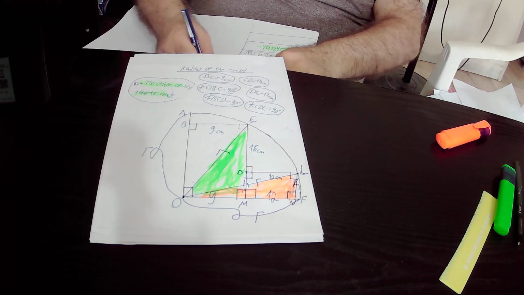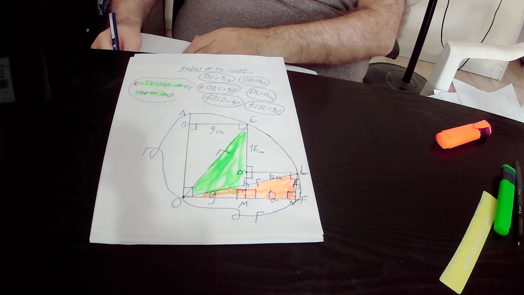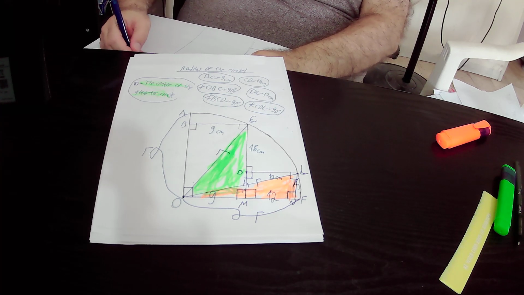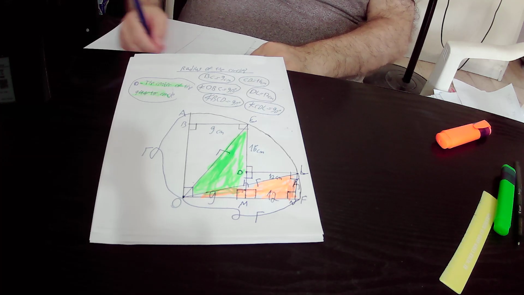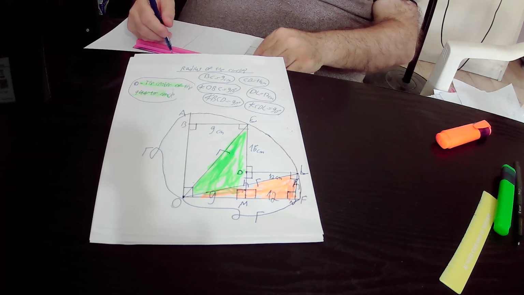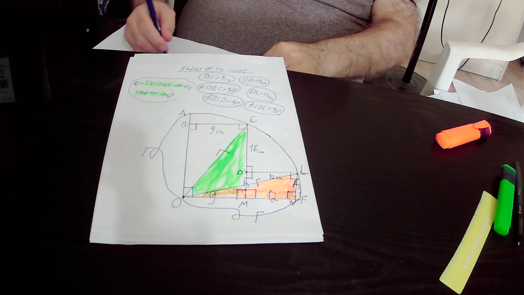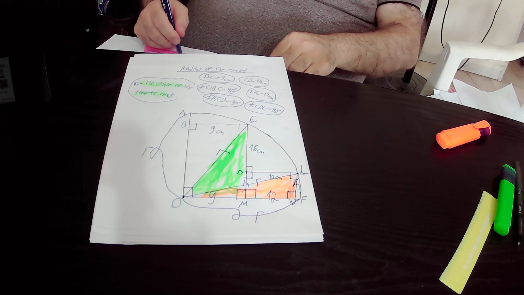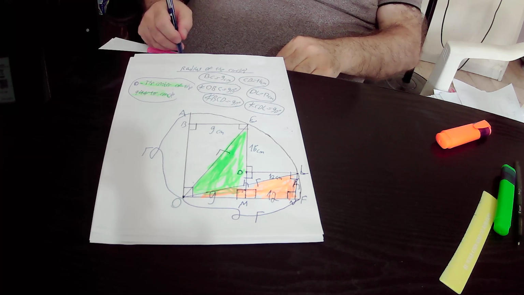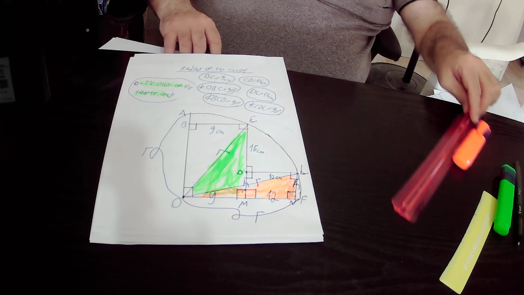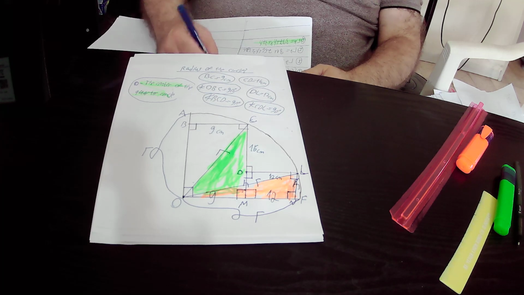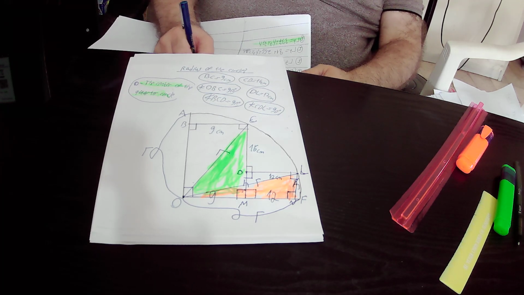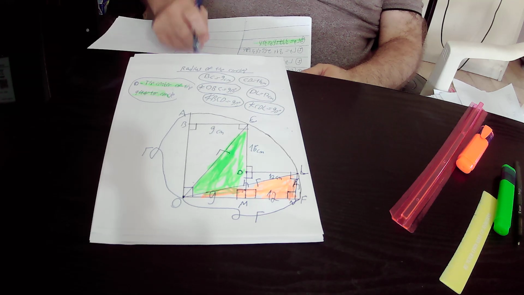According to the Pythagoras theorem, the square of the hypotenuse equals the sum of the squares of the perpendiculars. So here the hypotenuse is LO, therefore the square of the hypotenuse is LO squared, and it must be equal to the sum of the squares of the perpendiculars.